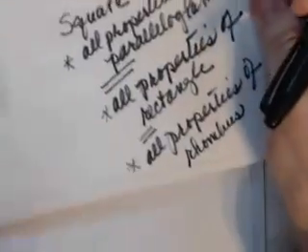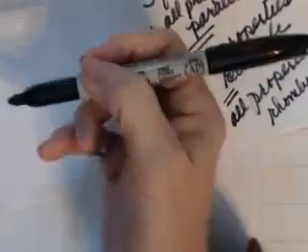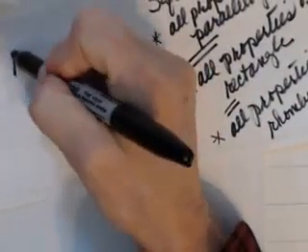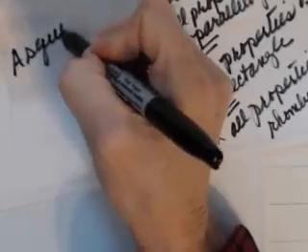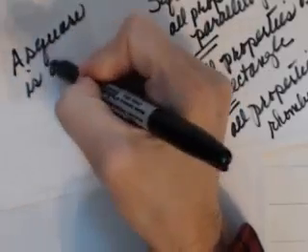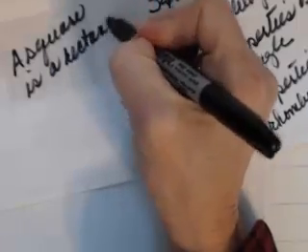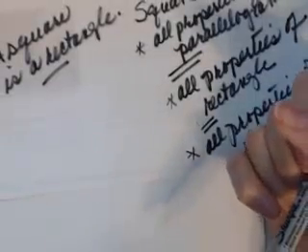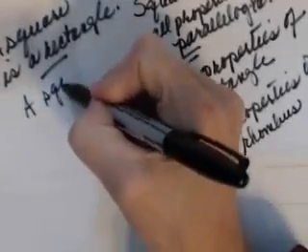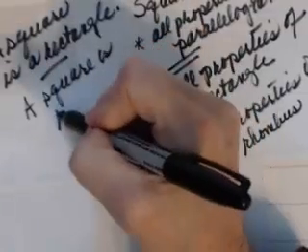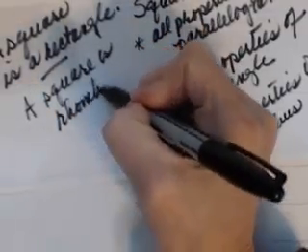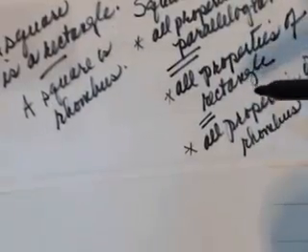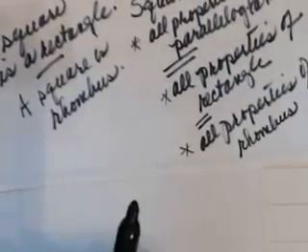So often we have statements that are true or false, saying a square is a rectangle, and that would be true because a square has all properties of a rectangle. We could say a square is a rhombus, which would be true because a square has all the properties of a rhombus.